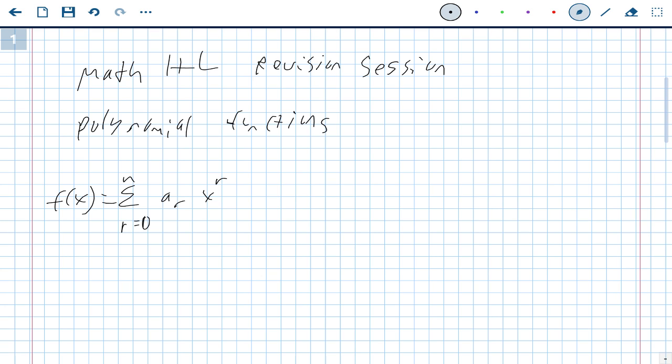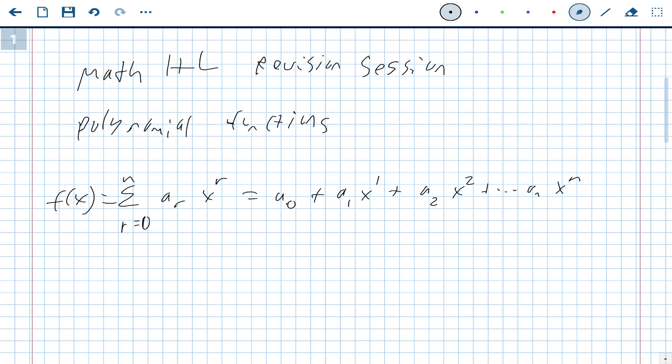It's any kind of function which is just powers of x greater than 0, with some coefficient in front of it. So a1 x to the 1 plus a2 x squared all the way to the nth one, and a polynomial takes some form of that.